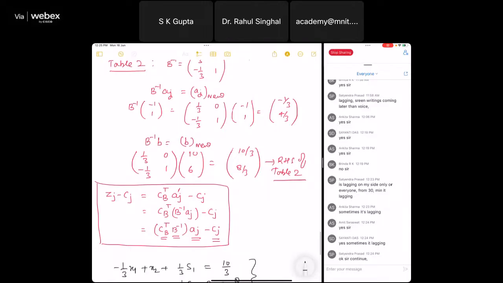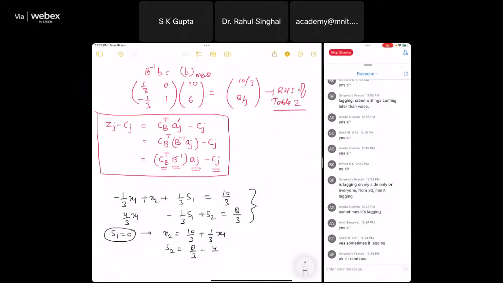So that means x2 will be 10 by 3 plus 1 by 3 x1, right? And s2 will be 8 by 3 minus 4 by 3 x1. Are you getting my point? Because you can see from the table, x1 is entering as the relative profit here is negative. Zj minus Cj is negative here, so this will enter, right?